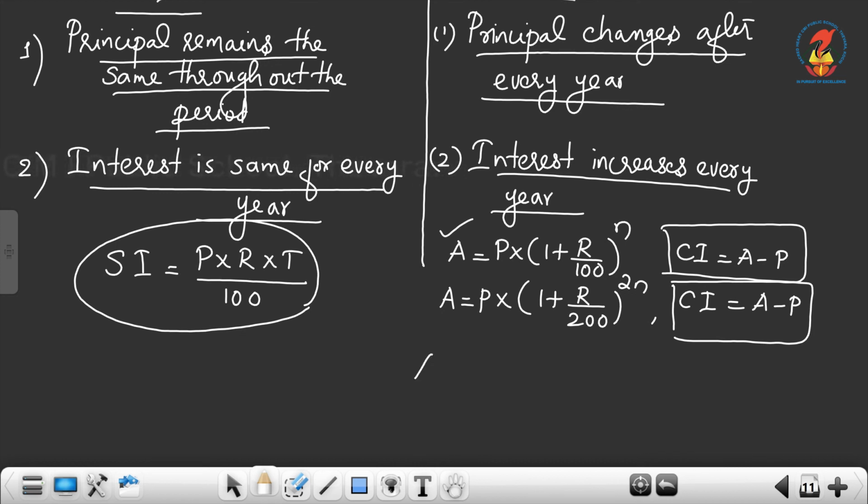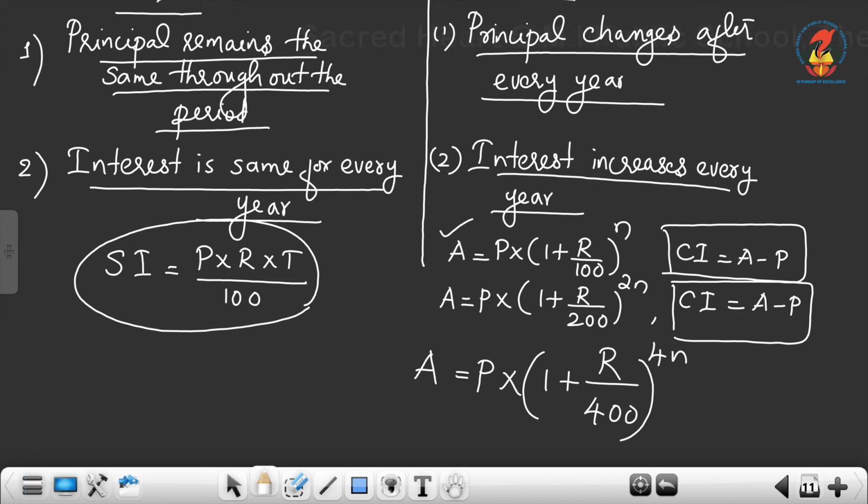And if it is quarterly, it is not given in your textbook, but if you want to find out the amount, if the interest is compounded quarterly, the P into 1 plus the rate will become 1/4 of the initial rate. So R by 400 all raised to 4n.